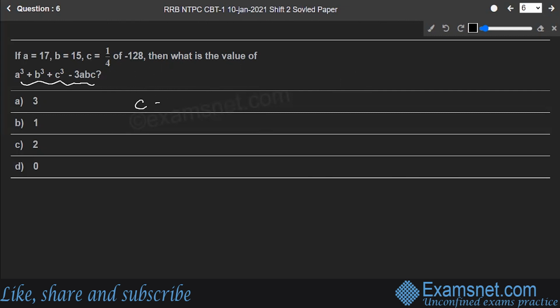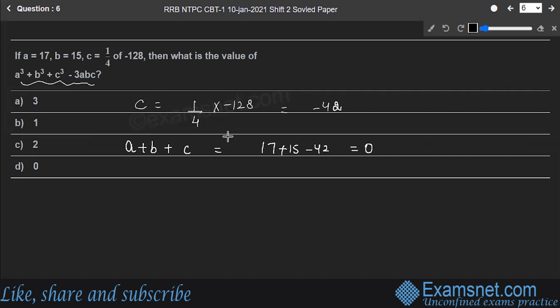First of all, find C. 1 by 4 of minus 128, which is equal to minus 32. Correct. Now, A is 17, B is 15, and this is minus 32. Let's add them. 17 plus 15 minus 32. This gives you 0. Correct.